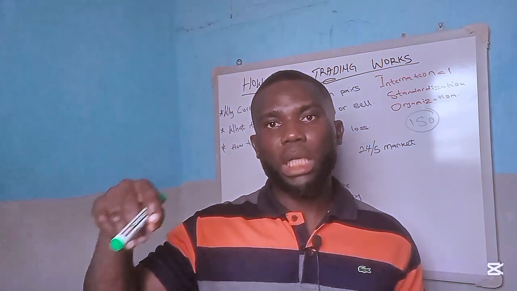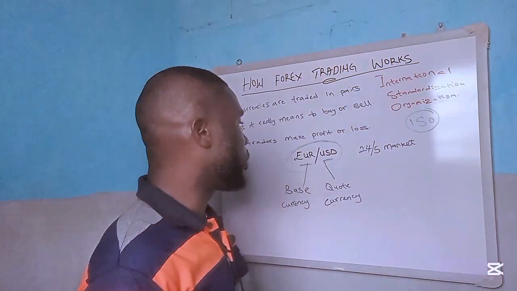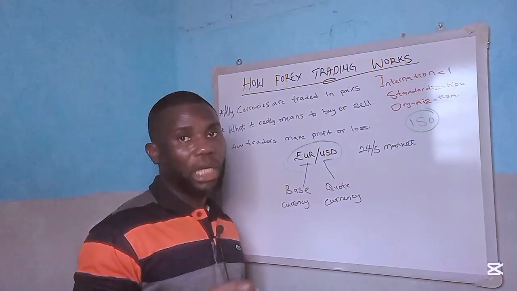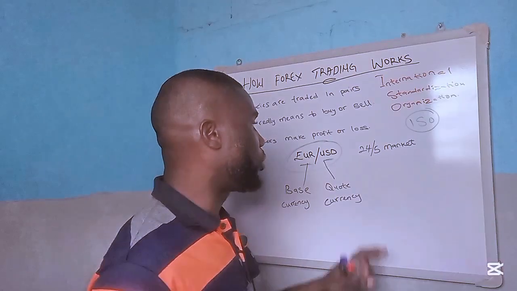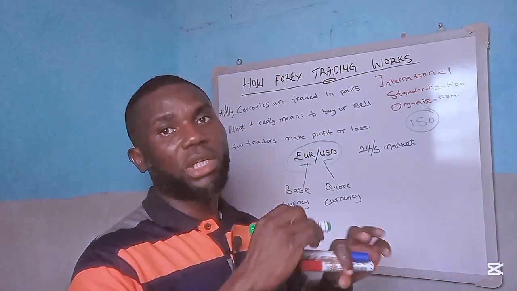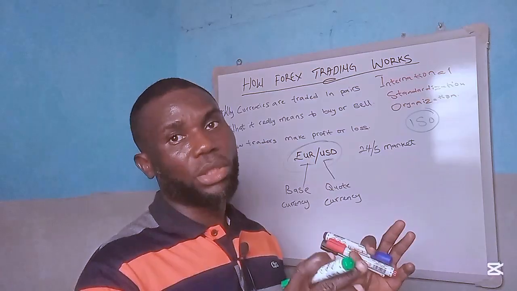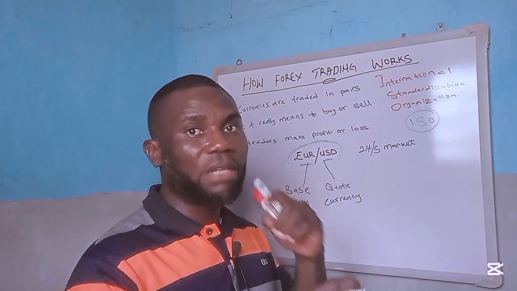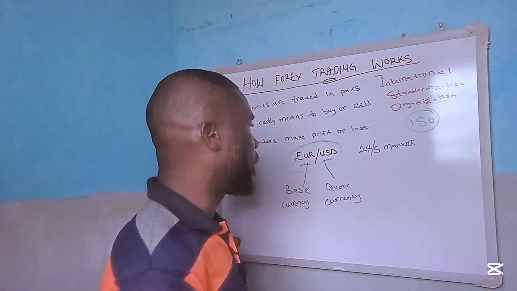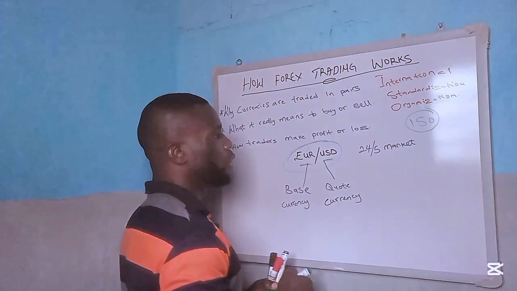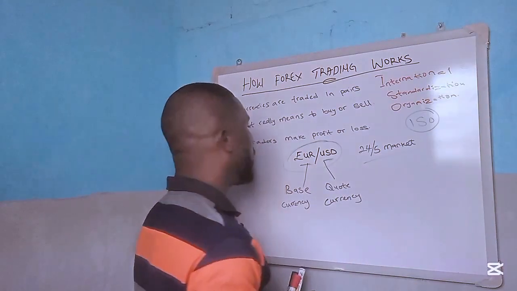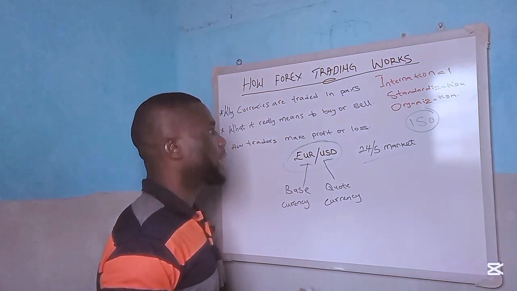It is all done over interconnected computer networks. So it is an over-the-counter trading method. It is not centralized. Everything is done online. This is what it means to be a decentralized market.